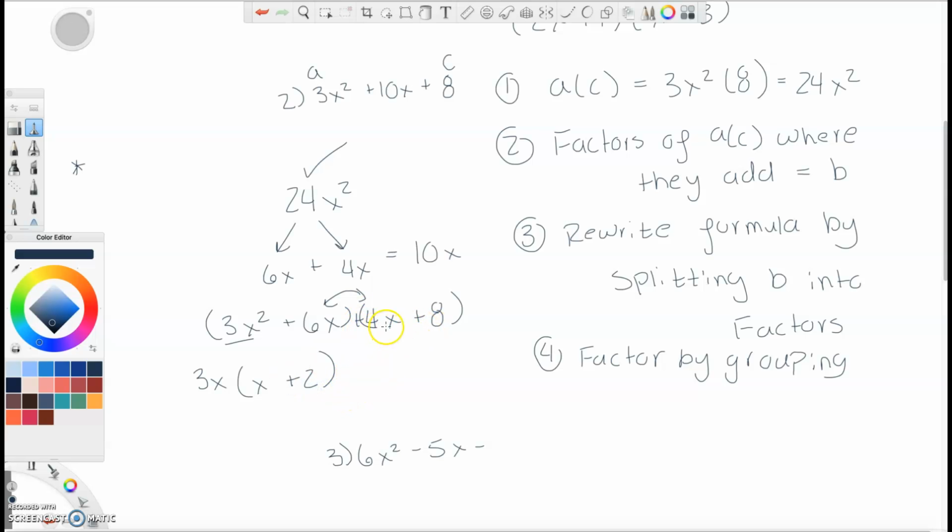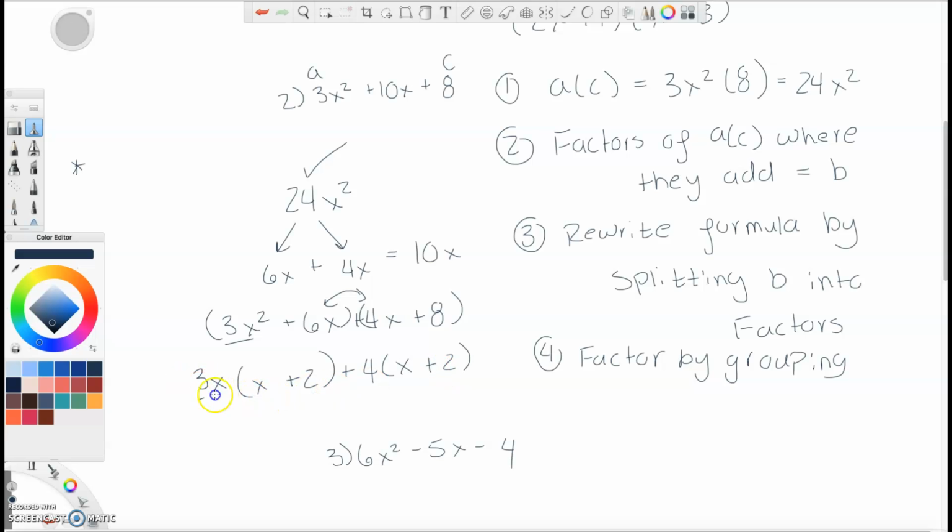Now what about over here? I want to get the same term over here. So let's pull out a 4, because I know 4 times 2 is 8. And then I just write 4 times x plus 2. And we're back to where we wanted it to be. So 3x times x plus 2, plus 4 times x plus 2.